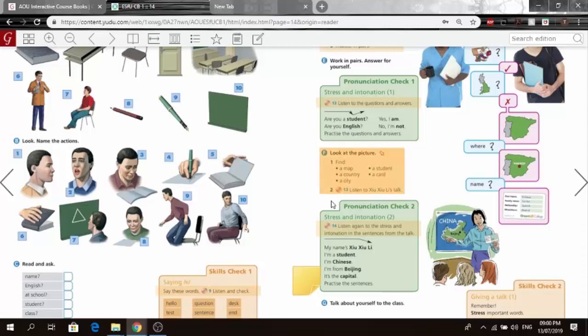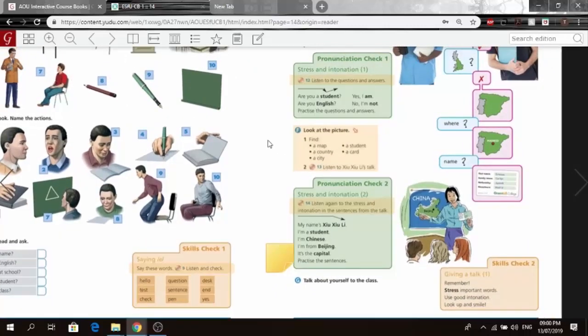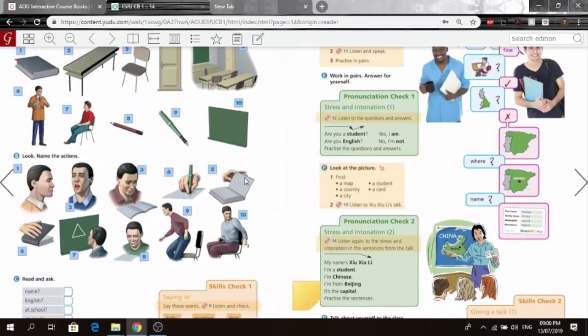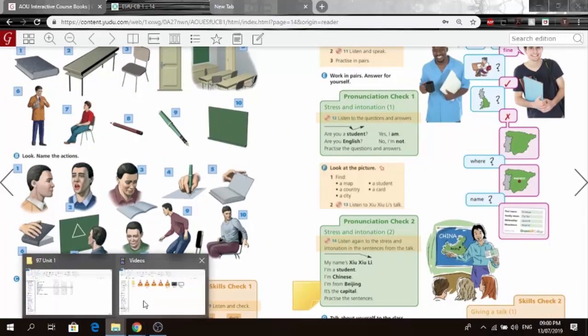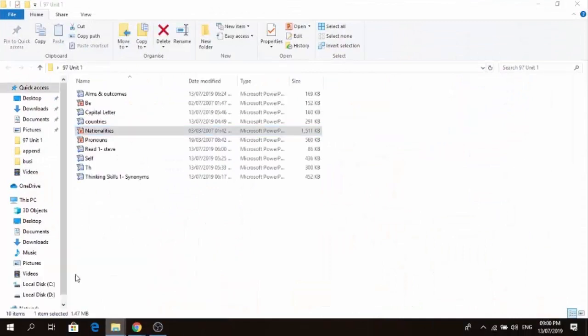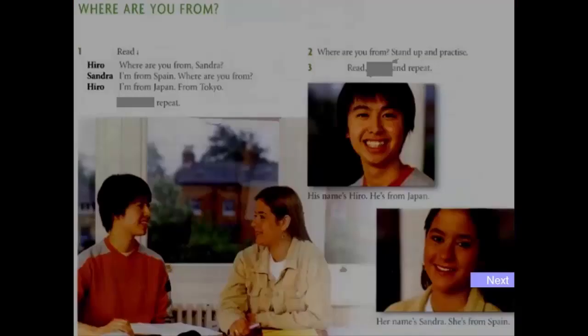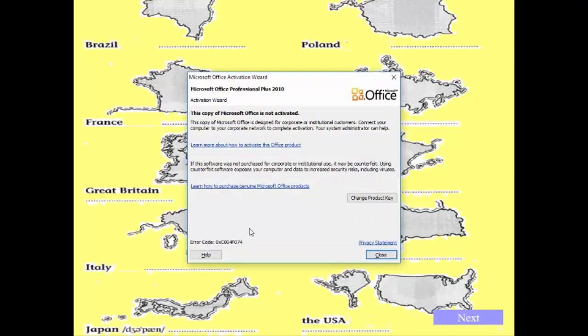Okay? So, now before we go, I want to talk a bit about the nationalities and the countries for you guys. So let me go to nationalities. Okay, so we have nationalities right here, and these are some of the countries and their location on the map. So here obviously we have Brazil, Poland, which is obviously in Europe.